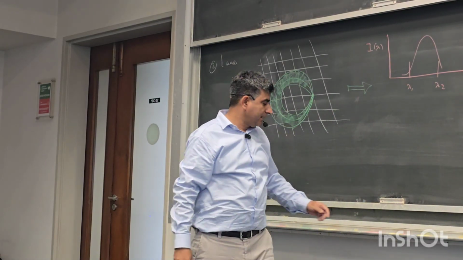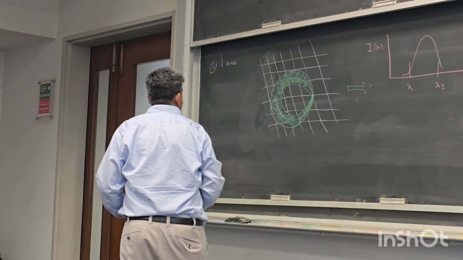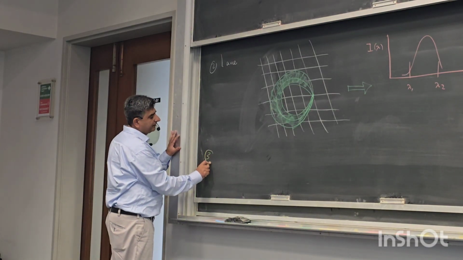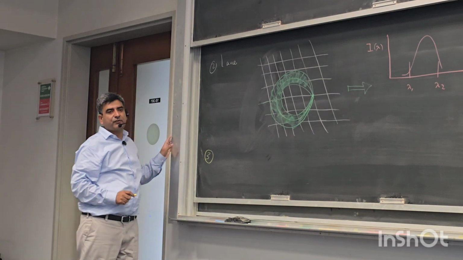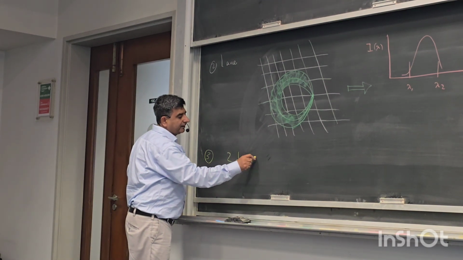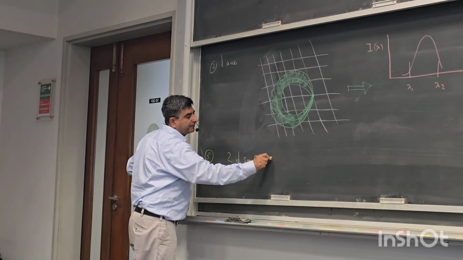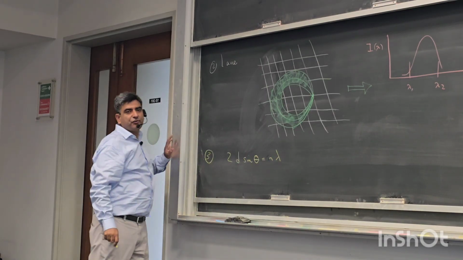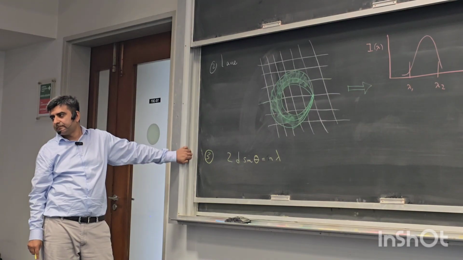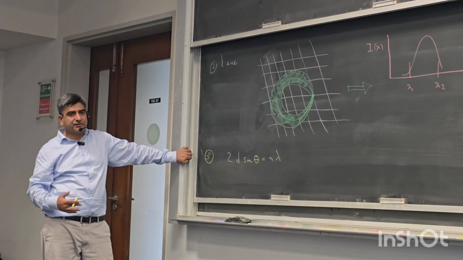Another subtlety I would like to highlight is when we write down the Bragg formula, 2d sine theta is n lambda. So far we've taken n to be equal to 1 in our discussions.